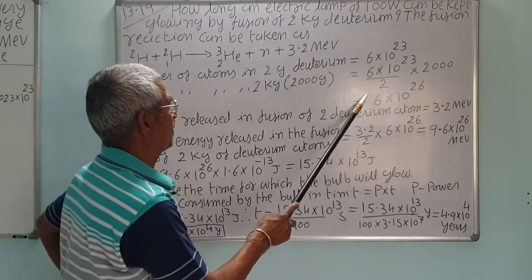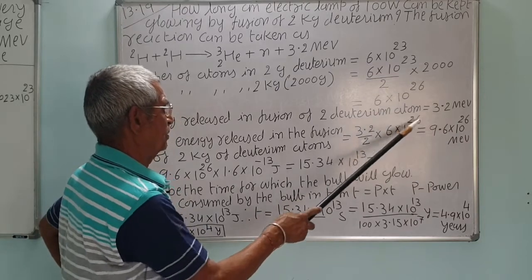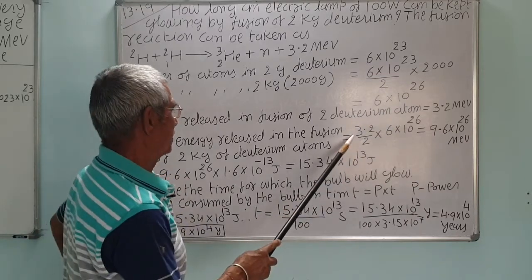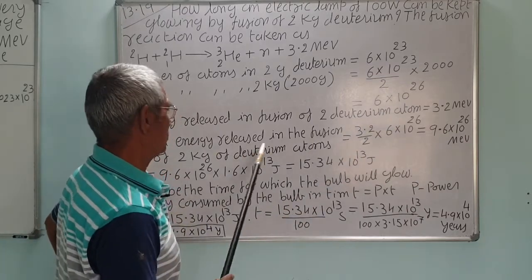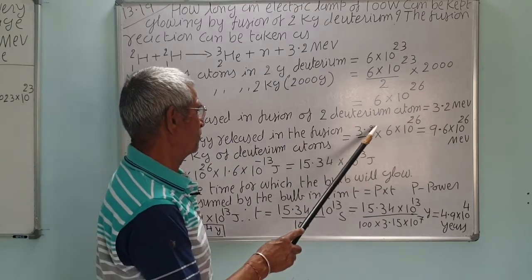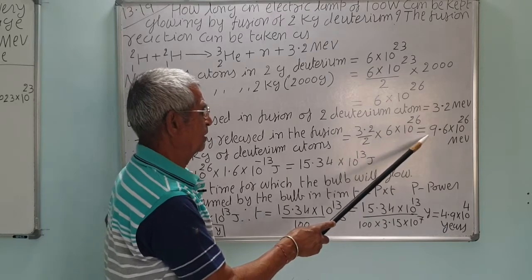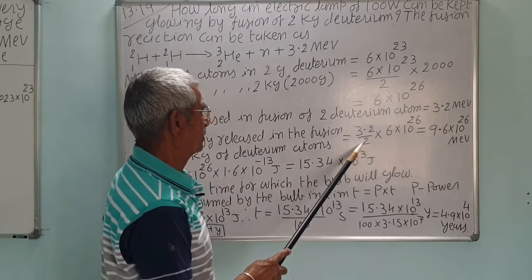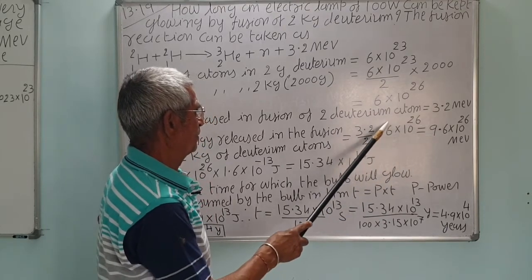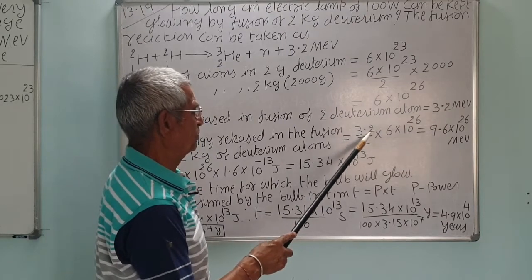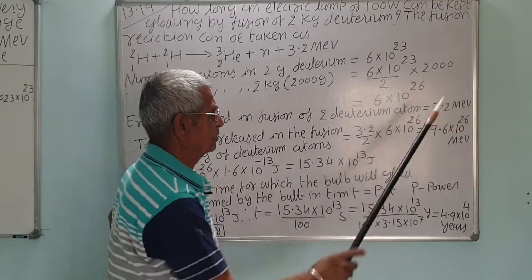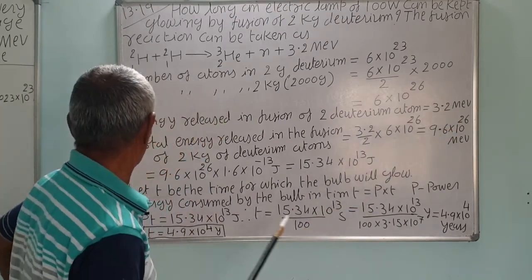The number of deuterium atoms in 2 kg is 6 into 10 raised to 26. So the total energy released when 2 kg deuterium undergoes fusion is 3.2 by 2 multiplied by 6 into 10 raised to 26, that is 9.6 into 10 raised to power 26 million electron volt.